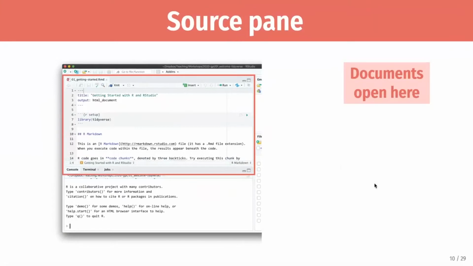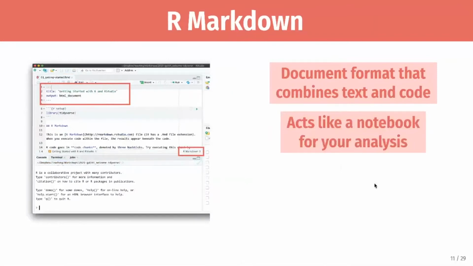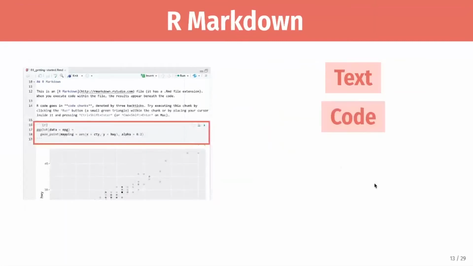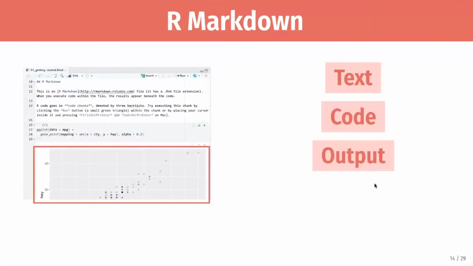You can type whole reports with regular language, with no code involved, and then you can mix code within that text. You can basically have a notebook for your analysis, where you have text that you write, and then you have code, and then you have output. And so you can actually generate whole reports.